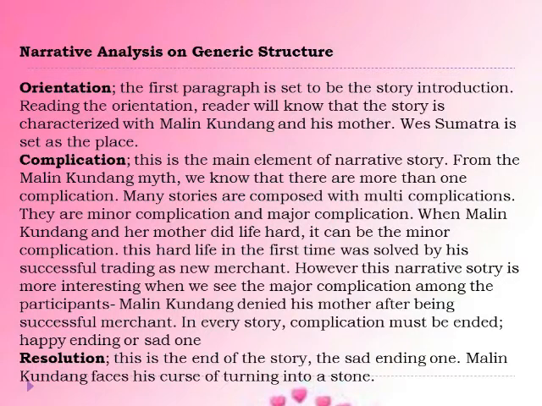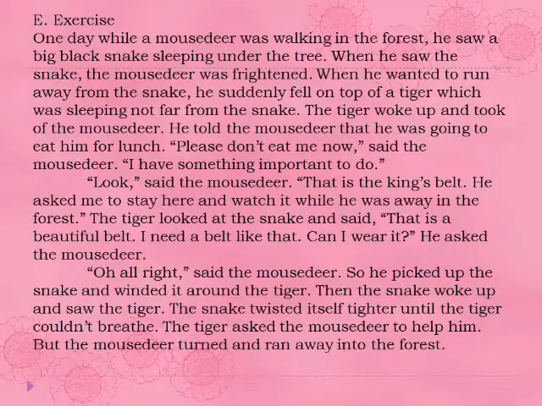And then the complication, the problem arises. And then the resolution, this is the end of the story. This is the sad ending one. Malin Kundang faced his curse of turning into a stone by his mother because he had forgotten his mother.